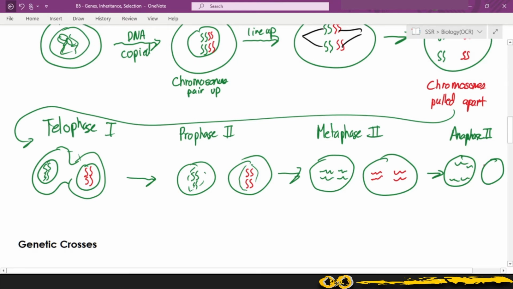And this is really the point at which we become haploid cells. So we've now kind of separated out this DNA.